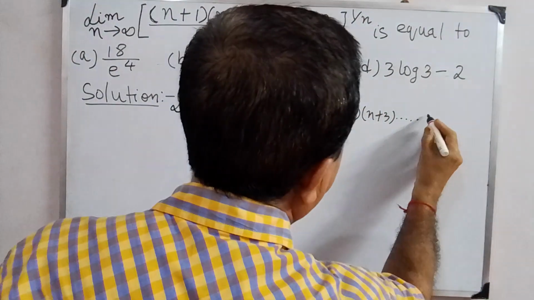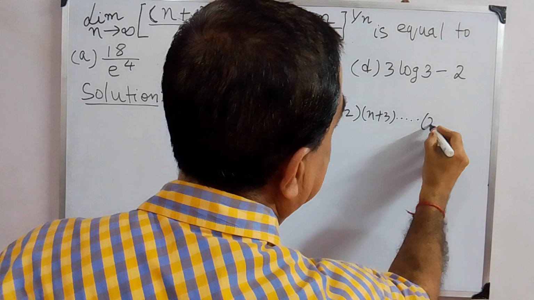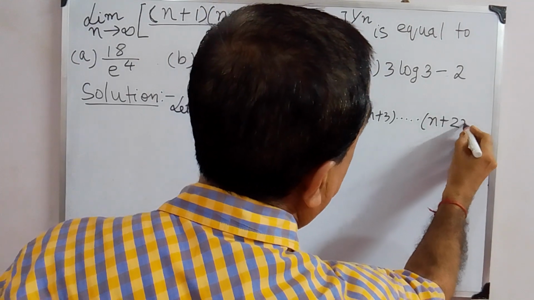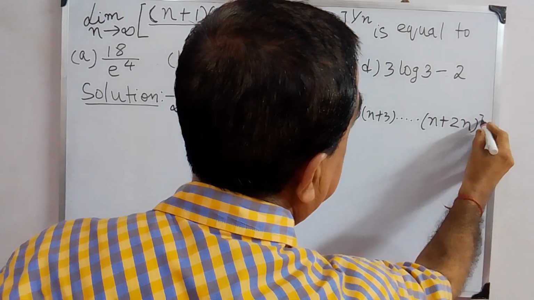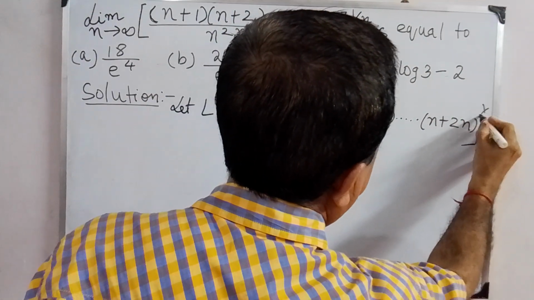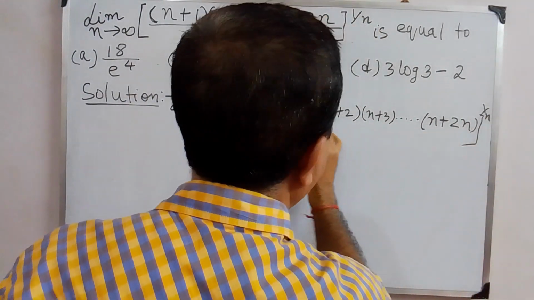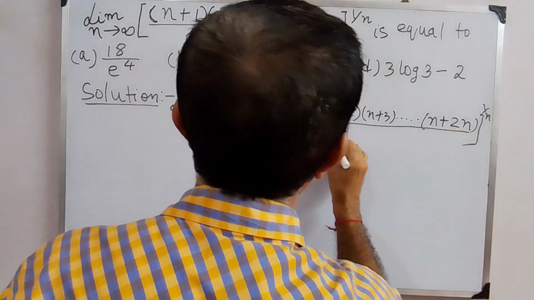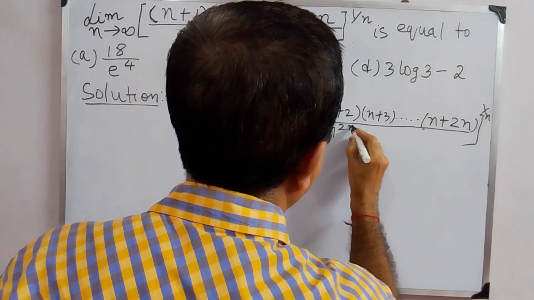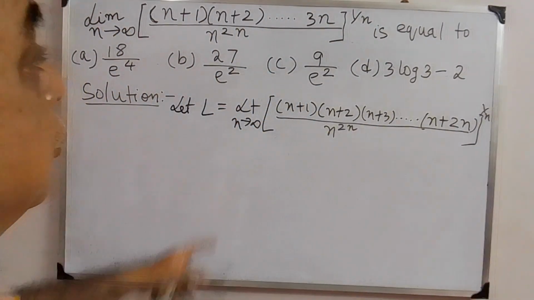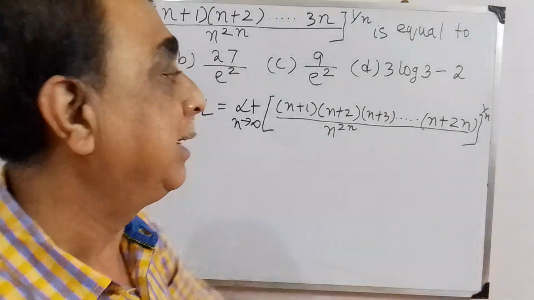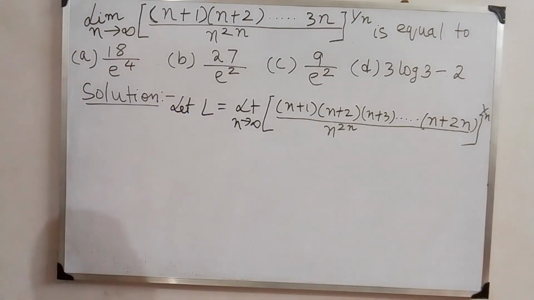So 3n I can write as n plus 2n, whole to the power 1 by n, and this is divided by n to the power 2n.